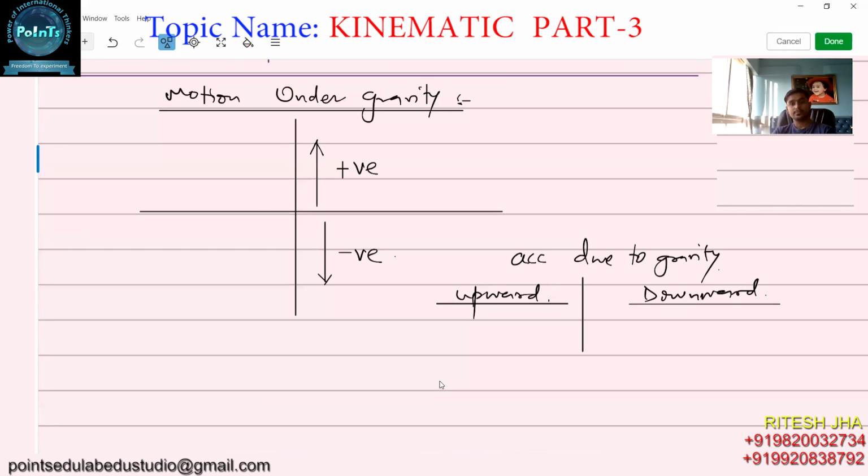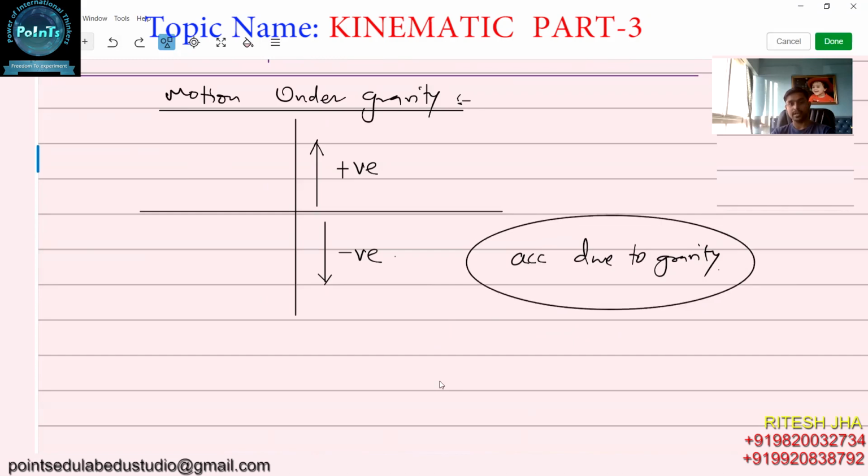With this sign convention, it should always be negative because it is always towards the earth. Be it the upward motion or the downward motion, it is always negative.